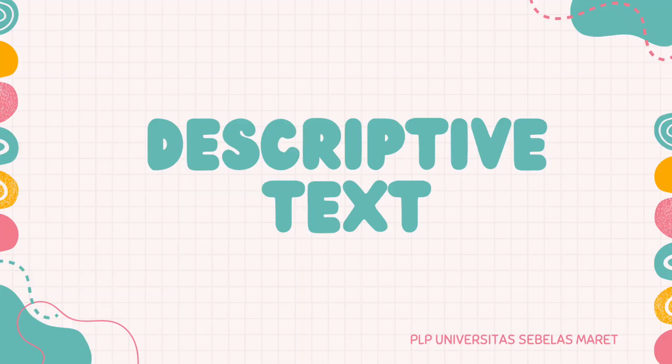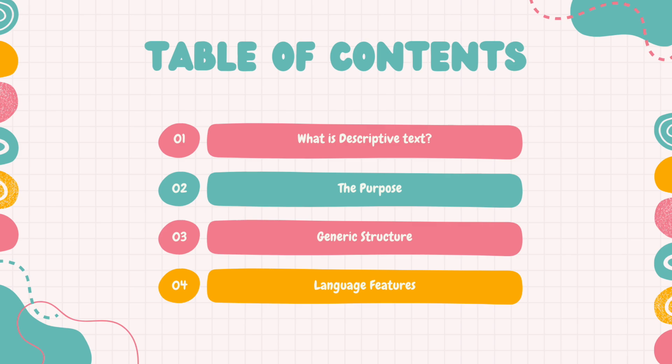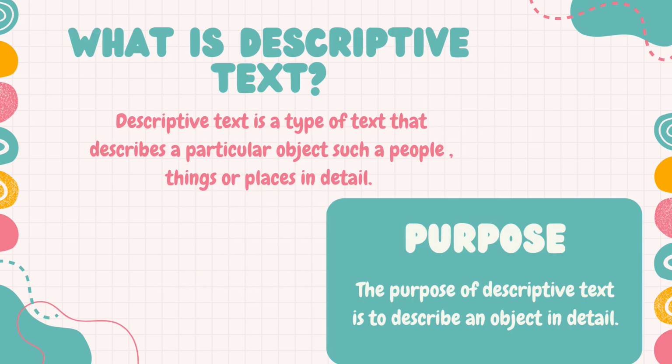Okay, so now guys, I would like to explain to you about descriptive text. These are the things that we will discuss in here. The first one is what is descriptive text. The next one is the purpose of it. The third one is the generic structure. And the last one is the language features of descriptive text. Okay, now we're going to the first one.